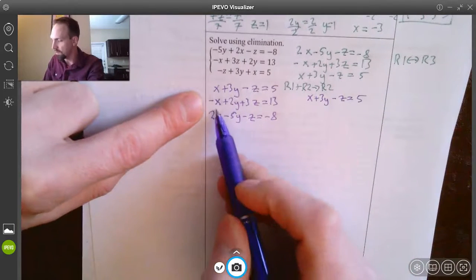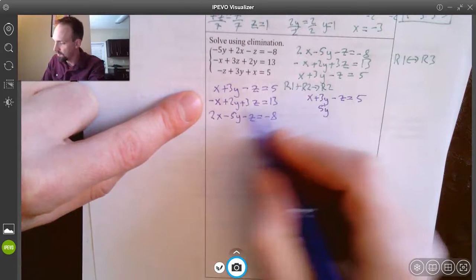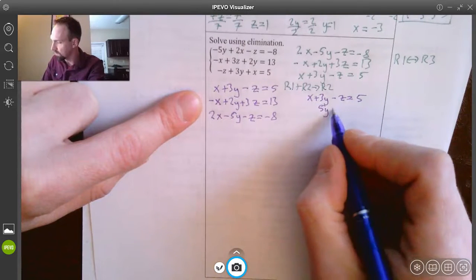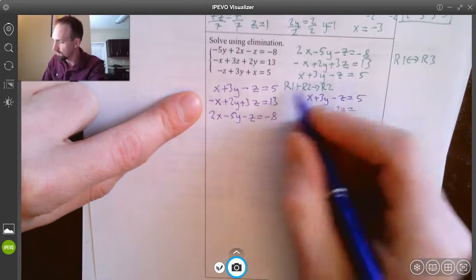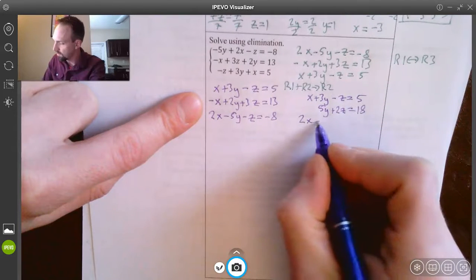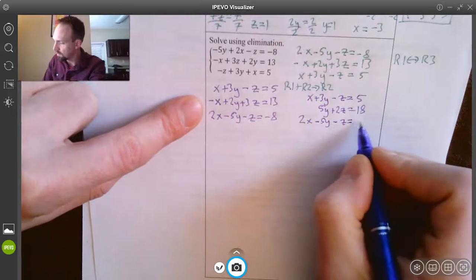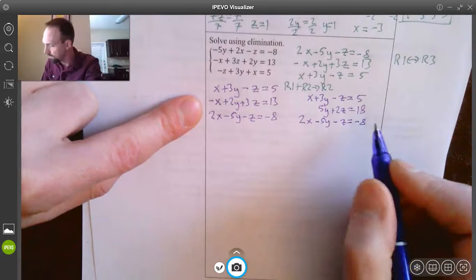My row 2, x plus negative x cancels, and then I have 5y, negative z plus 3z is plus 2z equals 5 plus 13 is 18. And row 3 is the same. That is 5y, z equals negative 8.